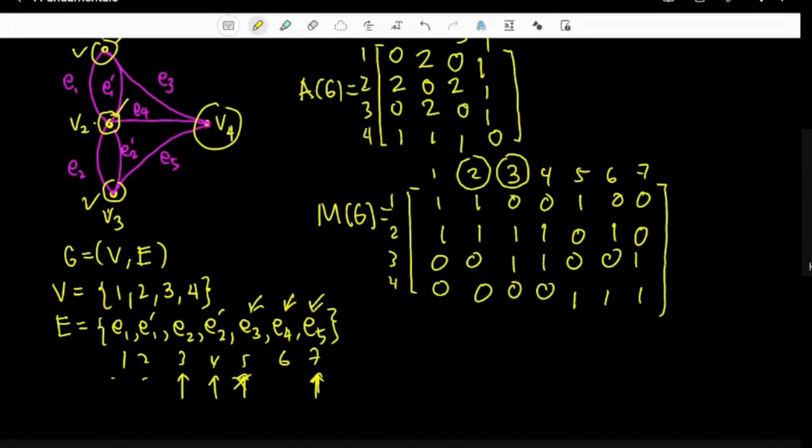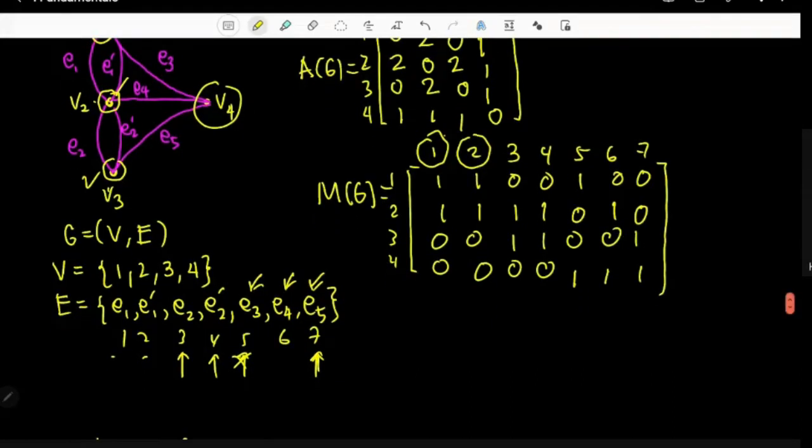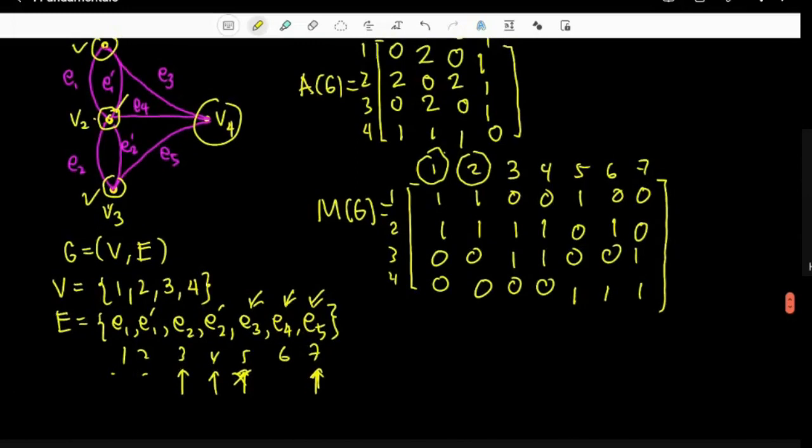Let's look at this: this is edge 1 and this is edge 2. But if we look at edge 1 and edge 2, they are both incident to the same two endpoints, endpoint 1 and endpoint 2.